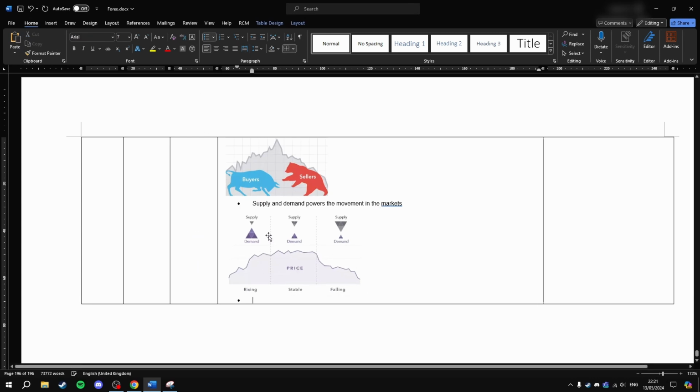As the demand is increasing, but the supply is decreasing, or kept the same, then the price rises. As the supply and demand are pretty much in equilibrium, so the two sides are pretty much about even, then the price is stable. But as there's more supply than there is demand, then the price falls. Cool.